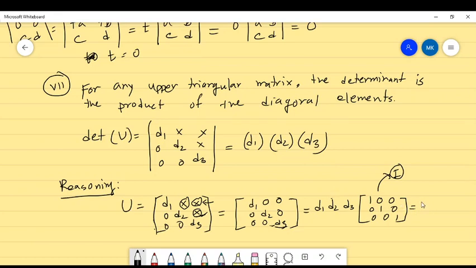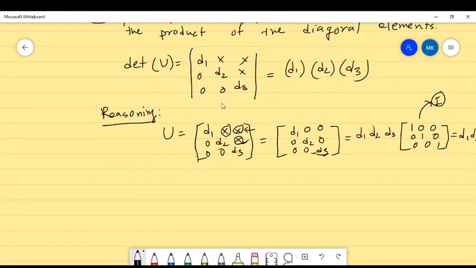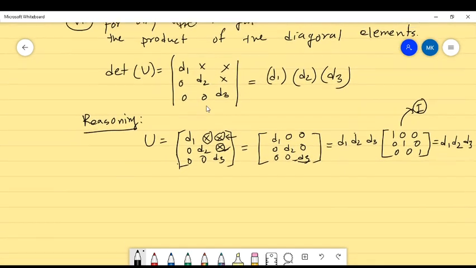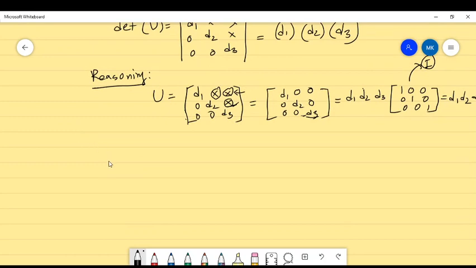So the determinant would be d1 into d2 into d3 into 1. So this proves that for any upper triangular matrix, the determinant is the product of the diagonal elements. Alright, so this is property 7. This is a very important property.